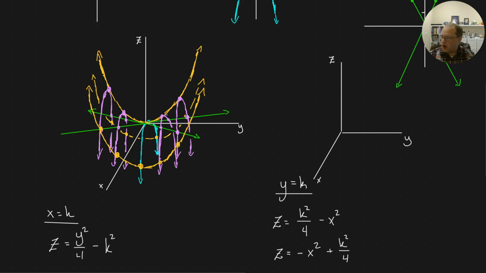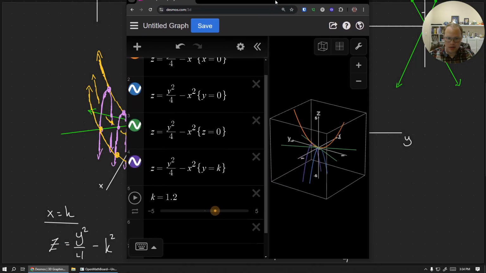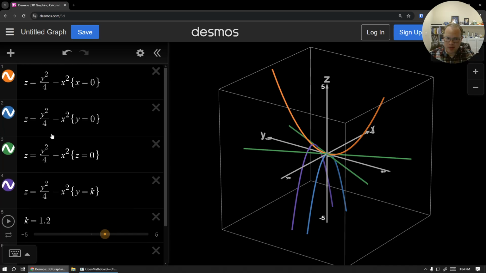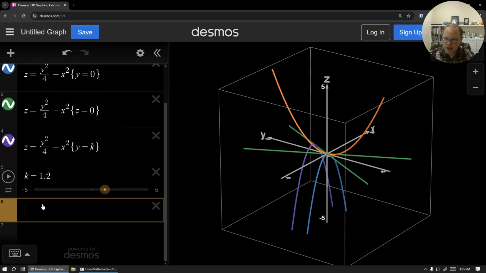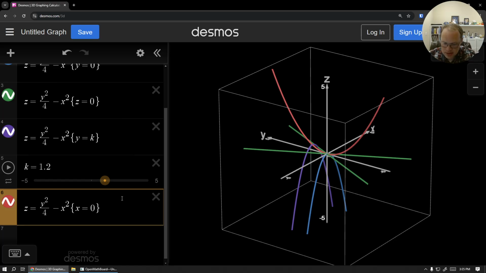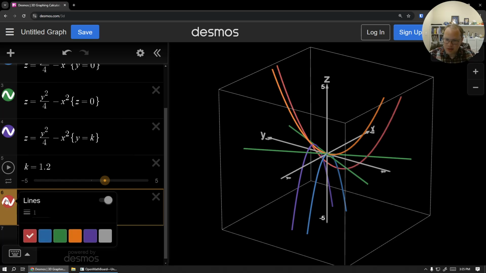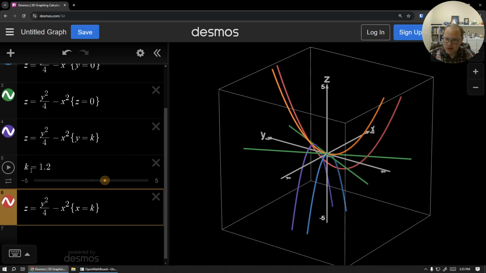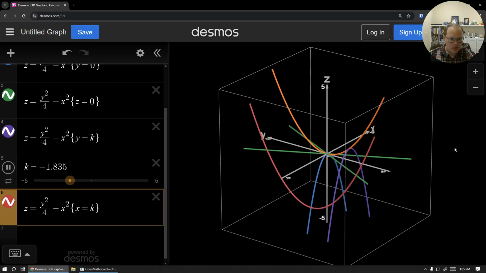And before I draw it out, let me make the same kind of picture here. Same trick. I'll just set this equal to k. And yeah, red's good. Let's play it.